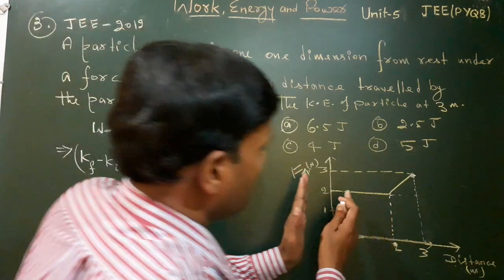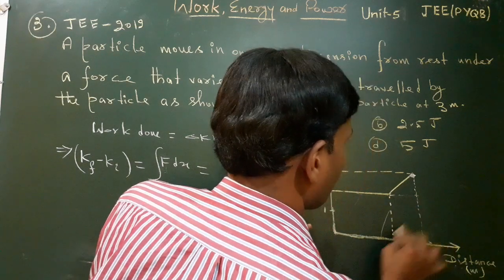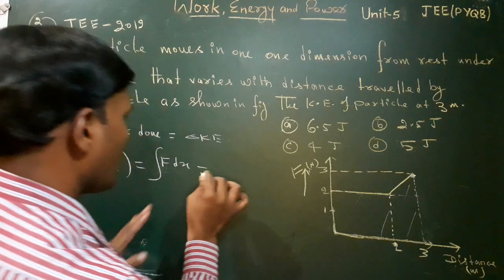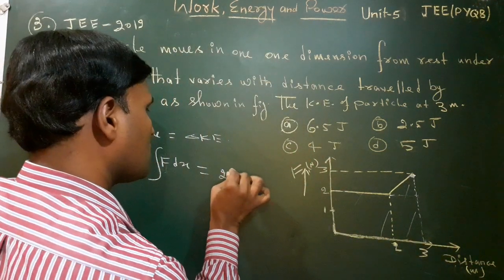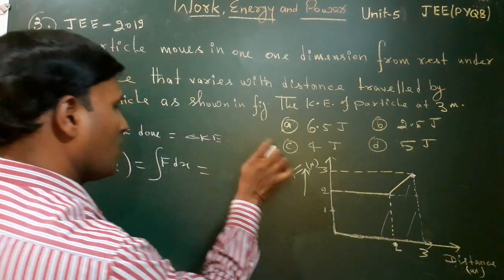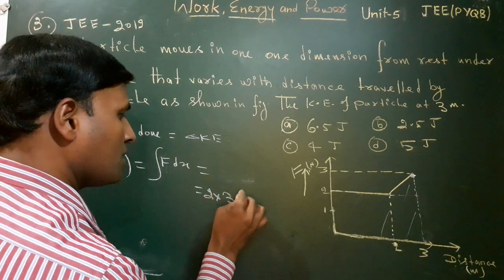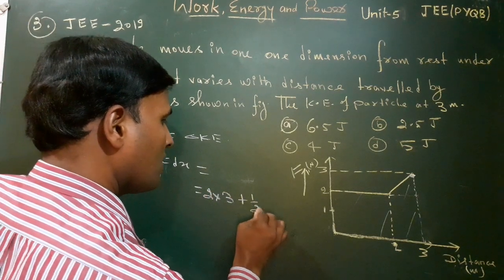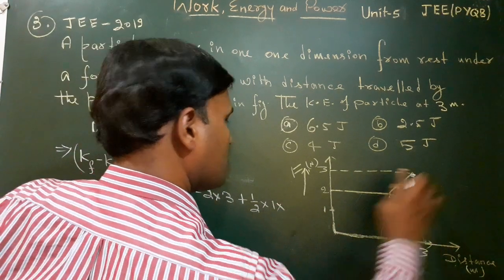First divide this into a rectangle like this, and calculate this total area. The area will be 2 into 3 plus the triangle area, half into base 3 minus 2, which is 1, and height 1.